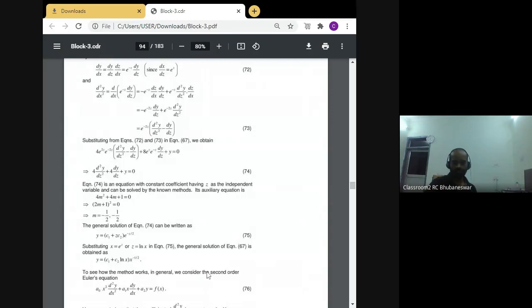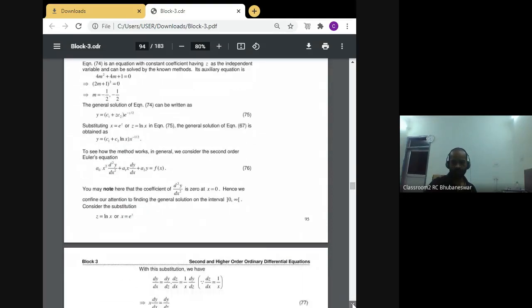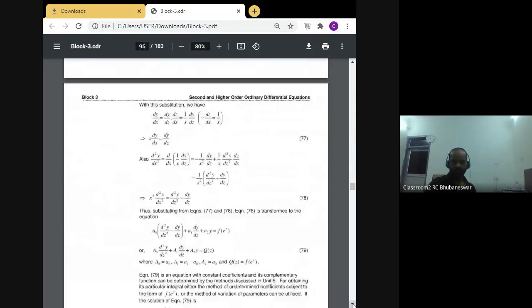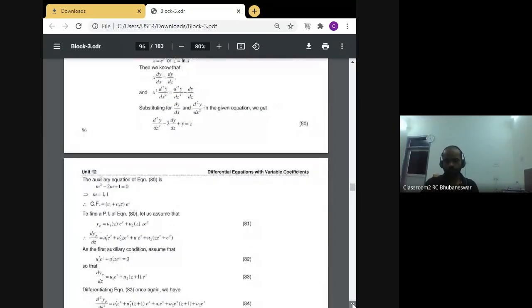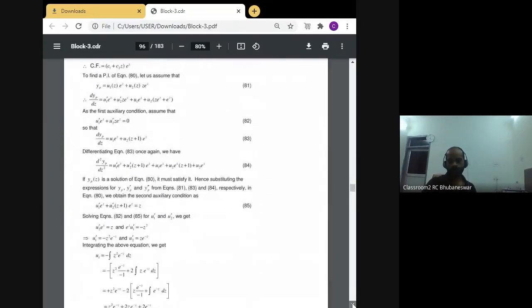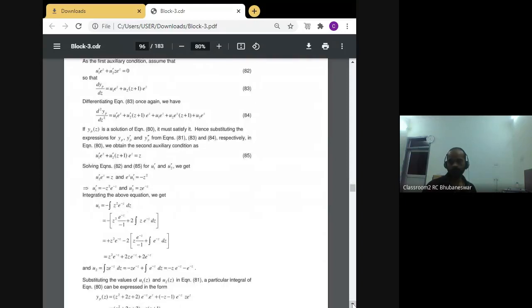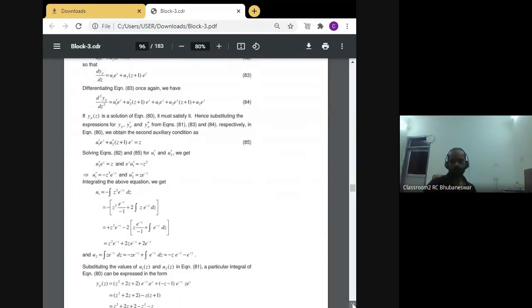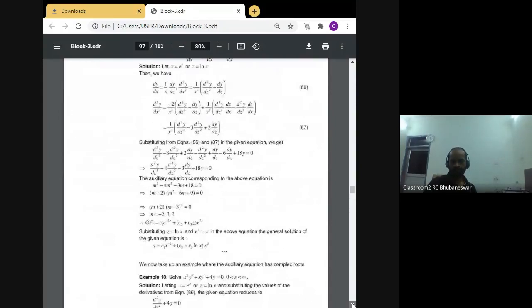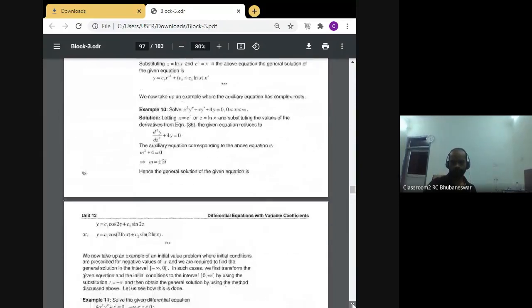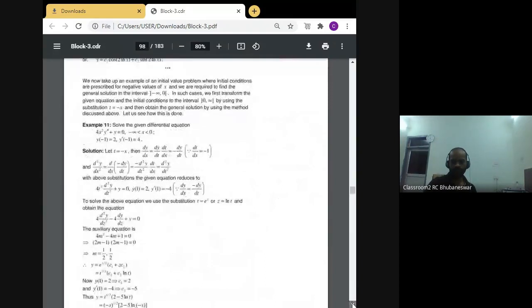Now let us see how we can find the auxiliary equation of the same kind of differential equation in Euler-Cauchy form. So let us move to the general procedure of the Euler-Cauchy differential equation.